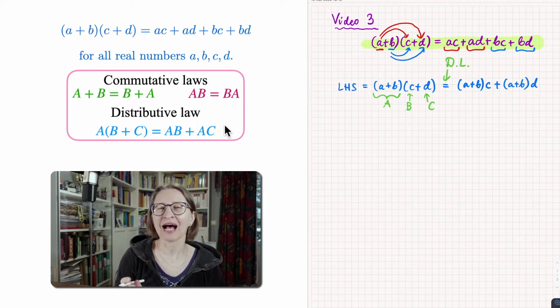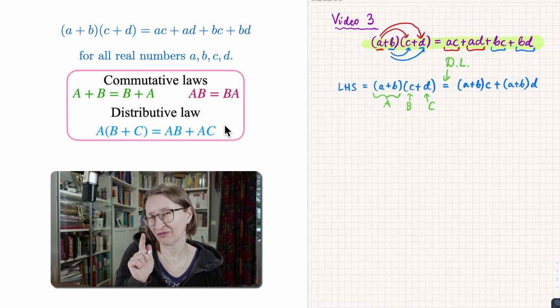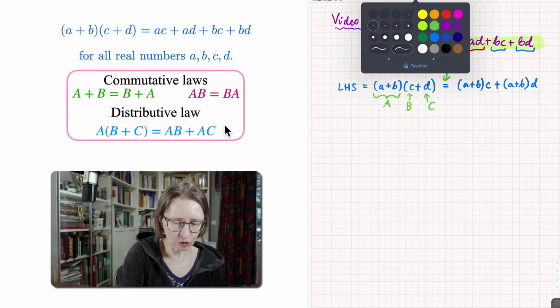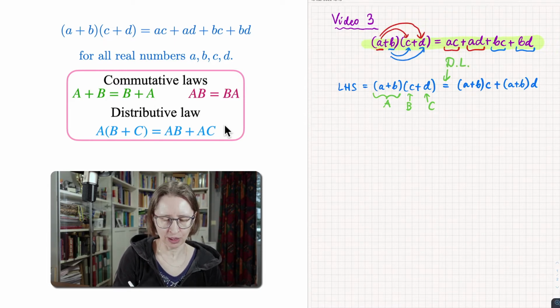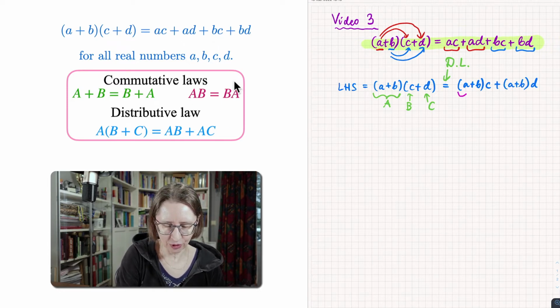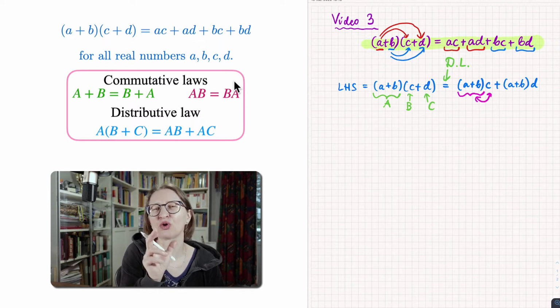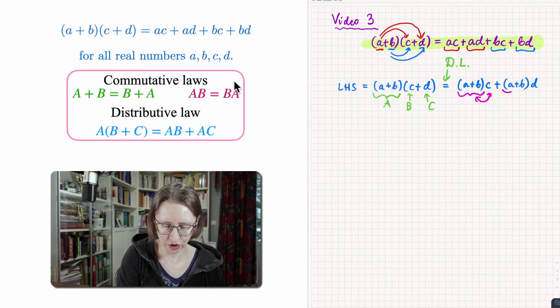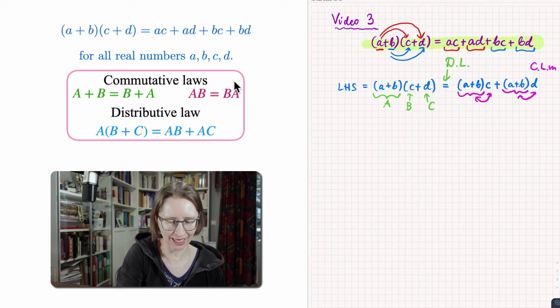And now I want to apply the distributive law one more time, or even two more times. But first I will apply the commutative law for multiplication here. You know what commutative law tells me, that it does not matter in which order I write my factors. So here I will apply the commutative law for multiplication, and I will do this twice.